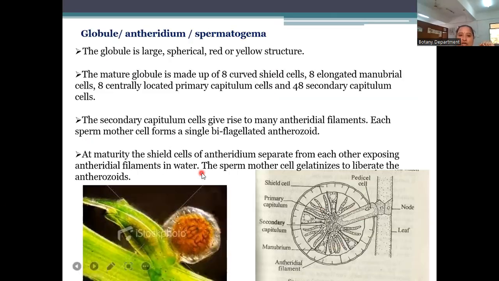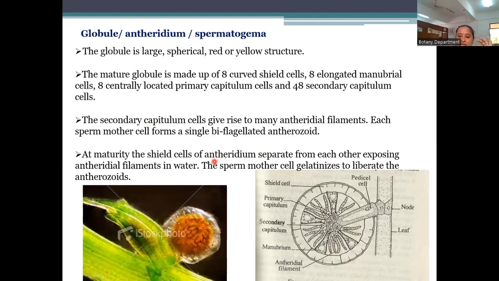How does the globule develop? The globule develops from the globule initial cell. The globule initial cell divides by transverse division into 2 cells. One is the basal cell, the second one is the upper cell.